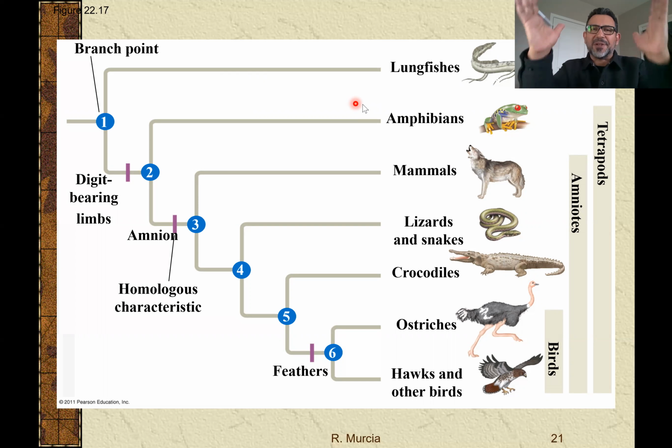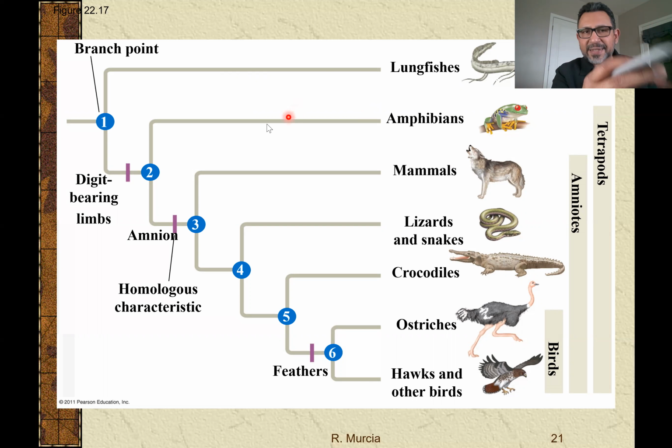This tree could have been represented also in more of a vertical arrangement, as you would expect in a tree. That doesn't matter. What matters is going to be the groupings that you're going to see, the nested patterns I described on my previous slide, you can notice on a phylogenetic tree. So take a look, for example, at this tree, and you're going to notice that there is a number 1 here.